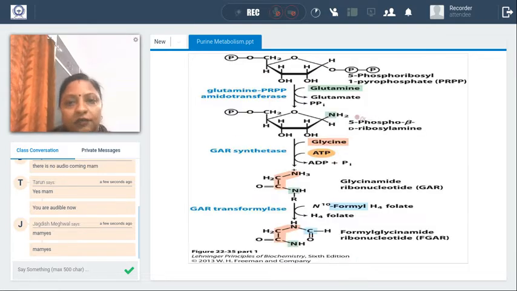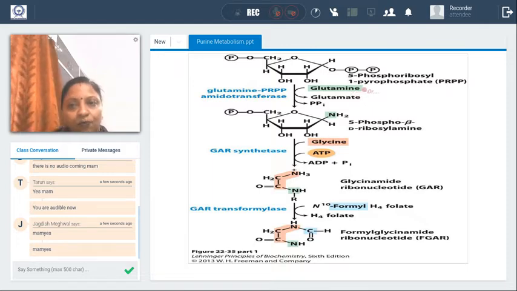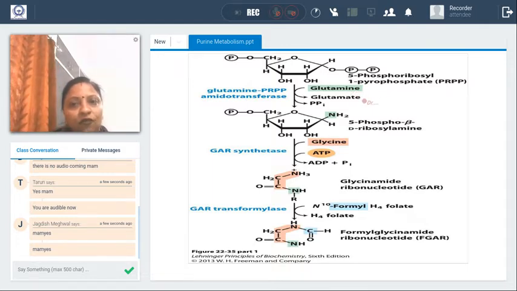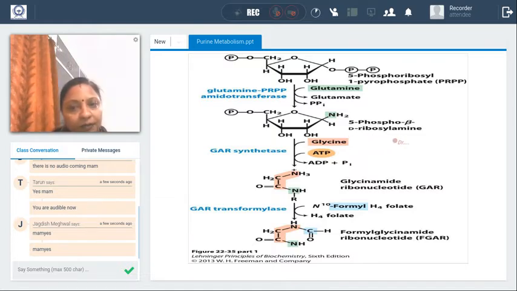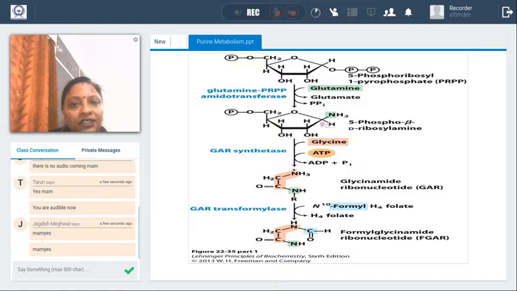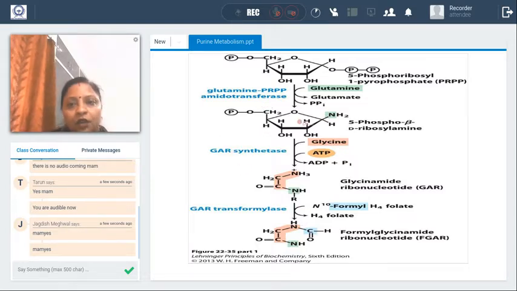First we have PRPP, 5-phosphoribosyl pyrophosphate, that in the presence of amino acid glutamine converts into 5-phospho-beta-ribosylamine. Glutamine converts into glutamate in the presence of glutamine PRPP amidotransferase. That is the most important regulatory enzyme in the whole pathway of de novo synthesis of purine.